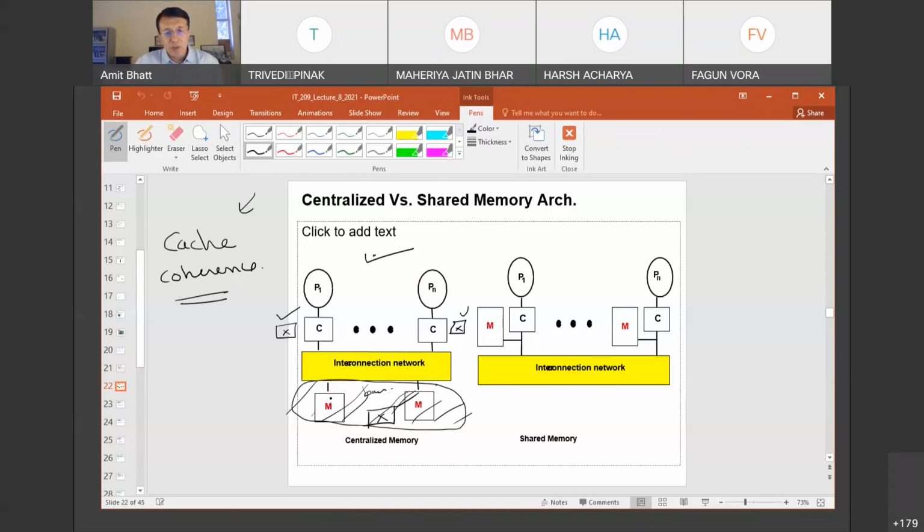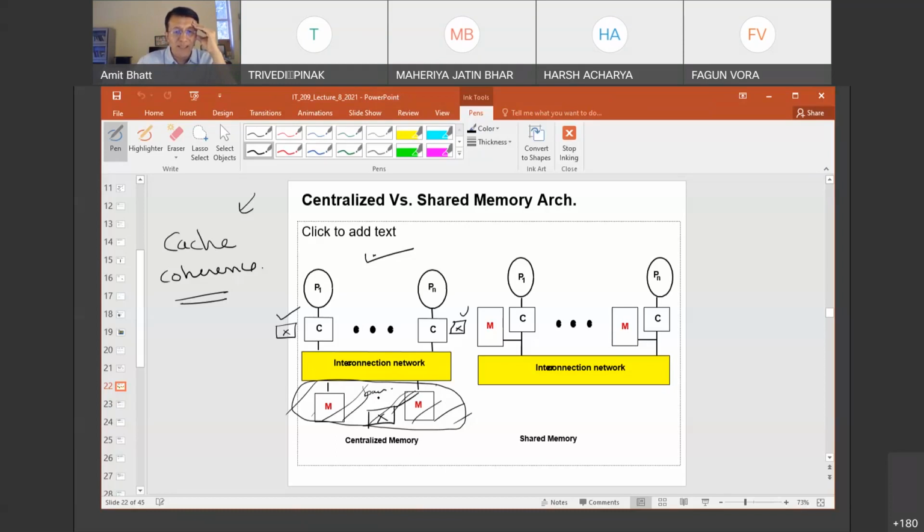I told you last time also that you can see these separate boxes of M written over it. Doesn't mean that all these main memories are separate. They're just banked main memories, and your banking of the main memory is done so that you can simultaneously pull out maybe 8 or 16 data from them in parallel.